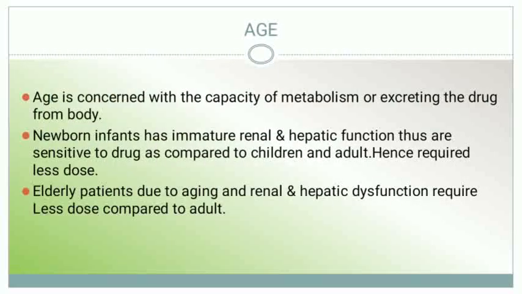The first one is age. Age of an individual is one of the important factors affecting the dose and the pharmacological action of a drug. Age is concerned with the capacity of metabolizing or excreting the drug from the body. Newborns and infants have immature renal and hepatic functioning.